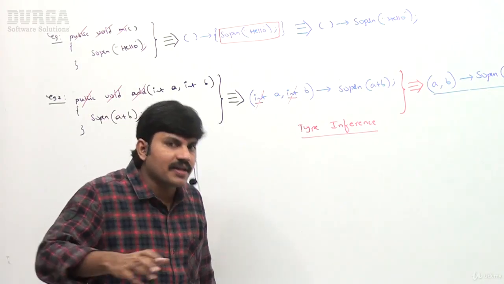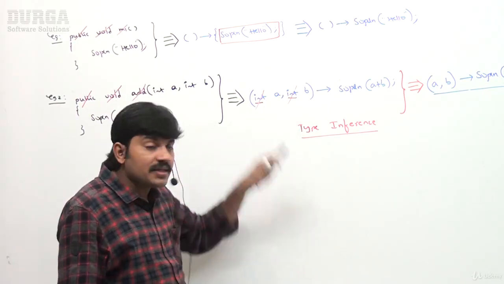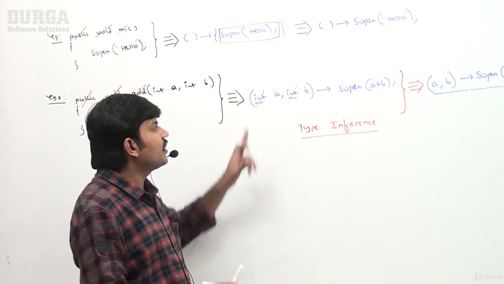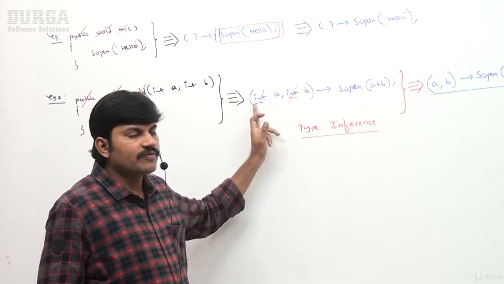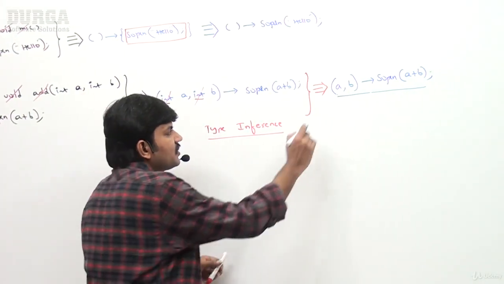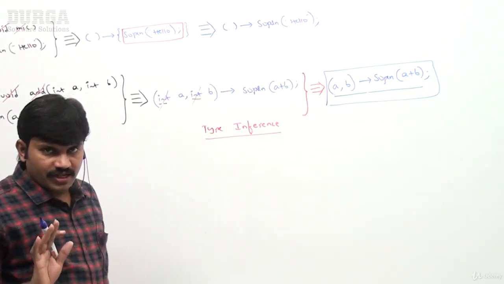How the compiler guesses, we will discuss in the next examples. If the compiler can guess the types automatically, then we can remove the types also. After removing the types, observe how the lambda expression looks. Everyone can understand, right?